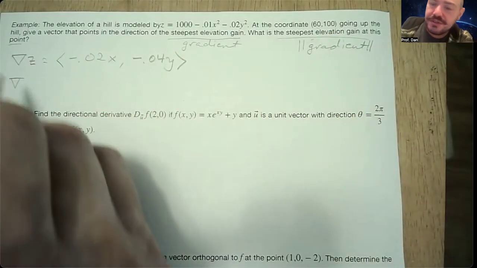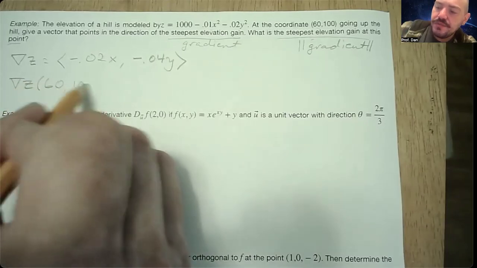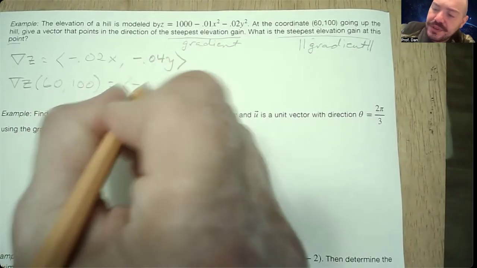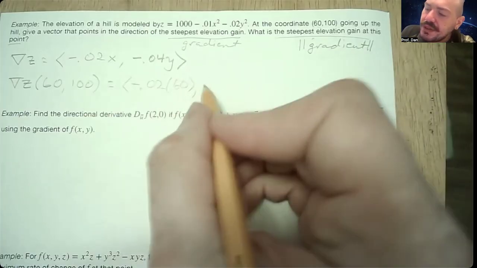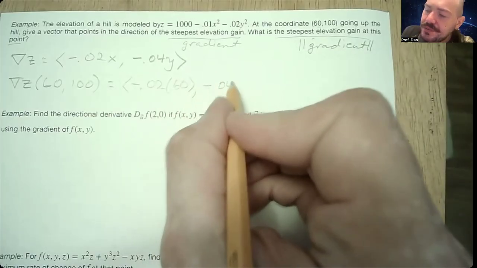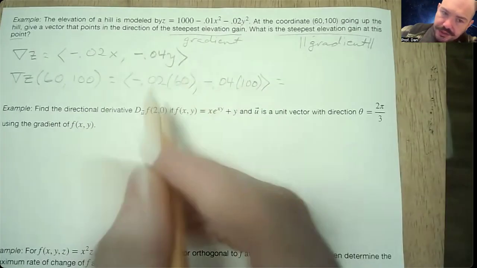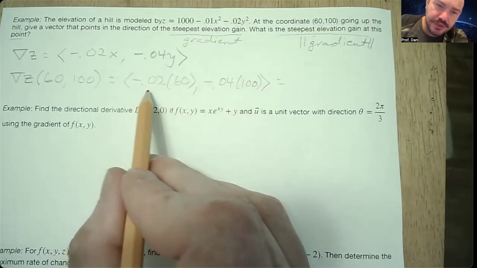So we can write the notation del z evaluated at 60, 100. It's going to be equal to negative 0.02 times 60 and negative 0.04 times 100. Little number sense trick, it ends in a 0, which means I can move the decimal over 1.